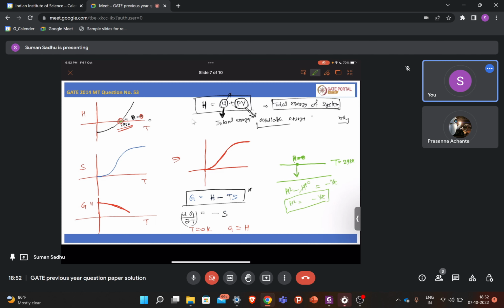Above sea level means positive, below sea level means negative. Similarly here, your reference, room temperature, is zero, and going upwards means positive, going downwards means negative. This is not the absolute value of H, but because of the reference, people take it like this.